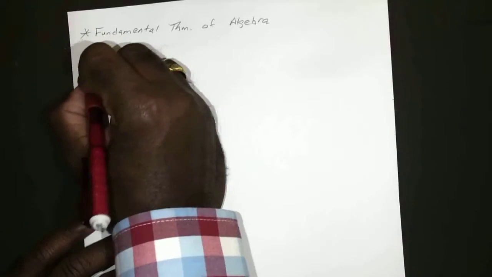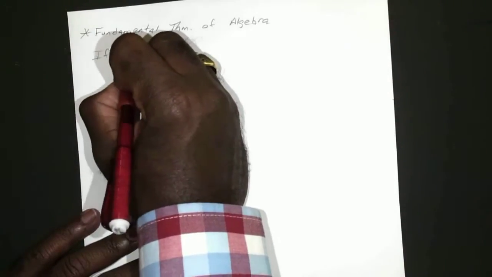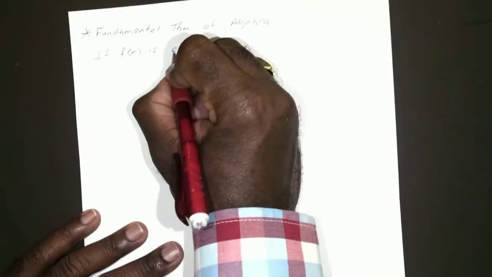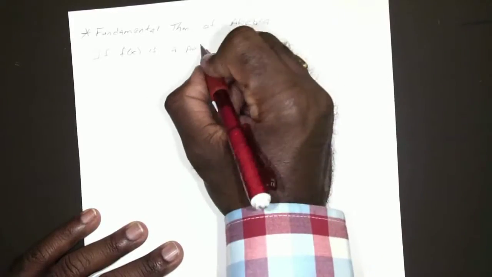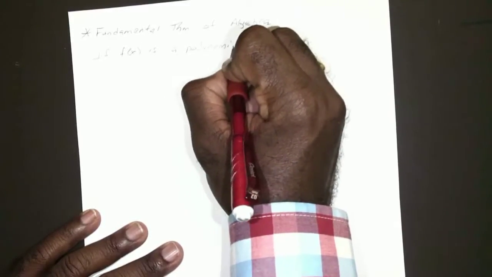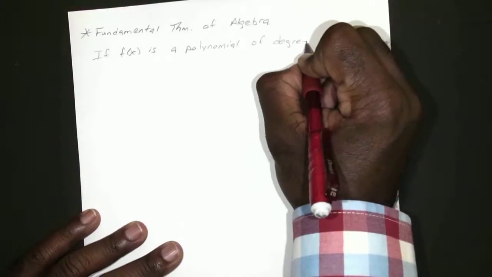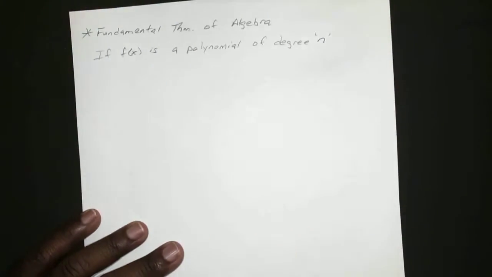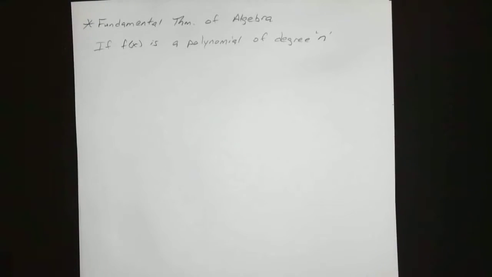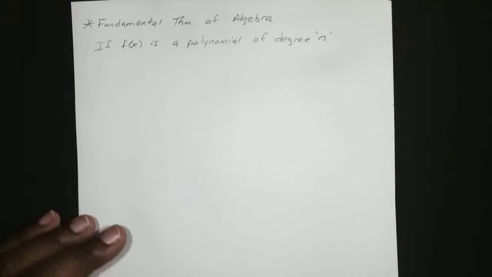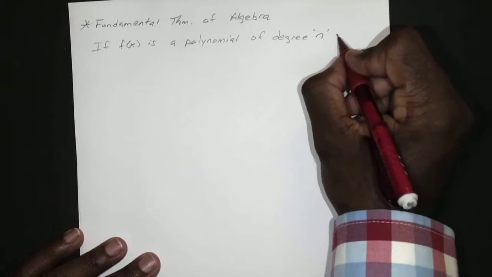Let's say you have some function f of x that is a polynomial of degree n. It could be 2, 3, 4, 5, 10, we have no idea, but it's some finite polynomial. We just know that it's bigger than 0.